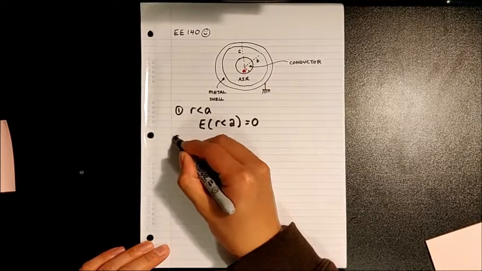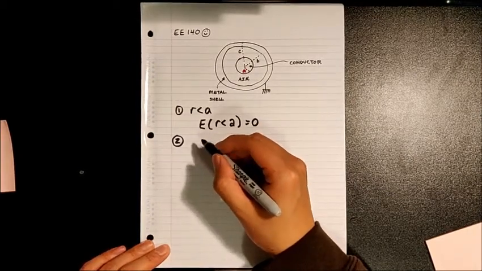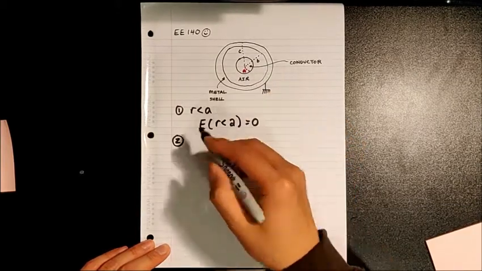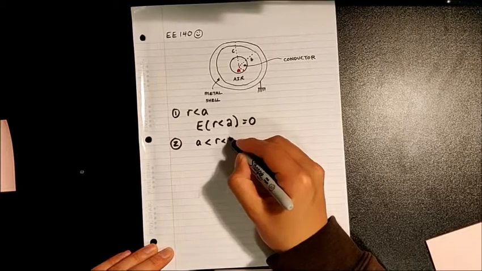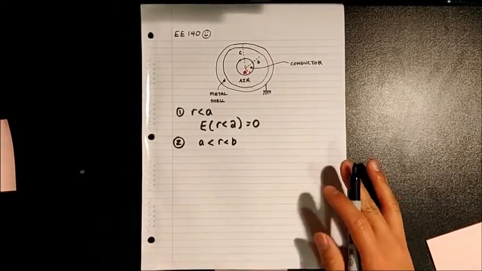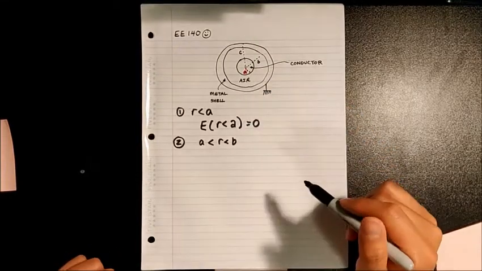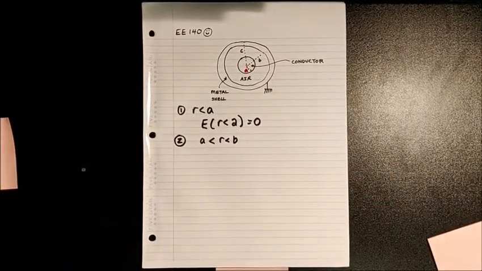So the second part, which is going to be when the radius is in between A and B. Because it is air, we know that there has to be some sort of electric field in there.